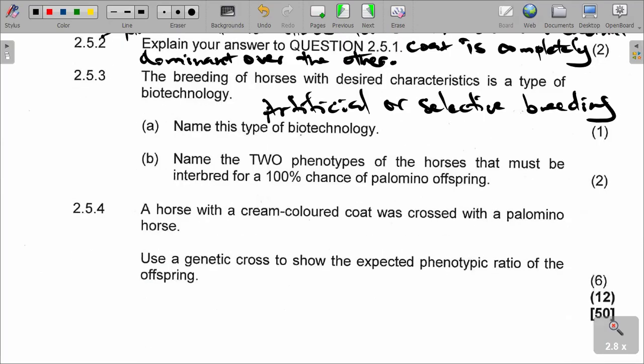Name the two phenotypes of the horses that must be bred for a 100% chance of a palomino horse.